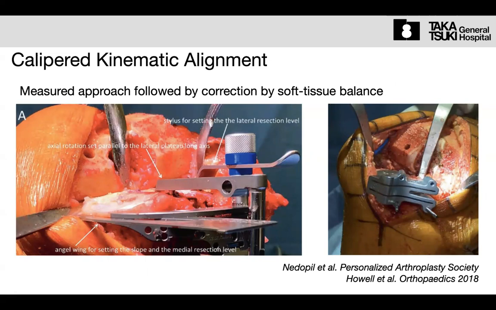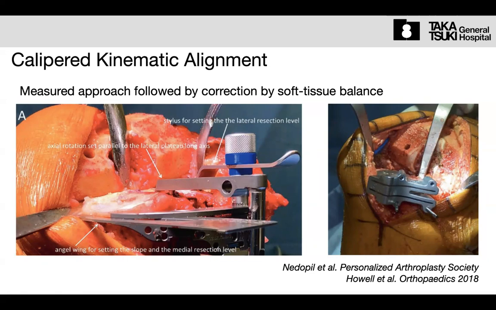This is one of the extreme cases of the measured resection technique. The measured resection technique means cutting the bone at the same thickness as the components. If we use a 10 millimeter thickness tibial component, including polyethylene and metal, we only cut 10 millimeters.